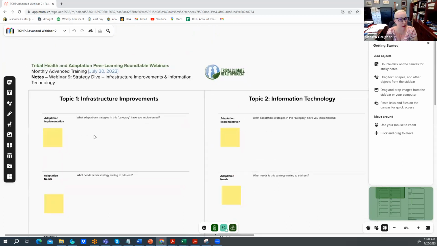If you just double click anywhere under either topic 1 or topic 2, it should pull up a little Post-it note for you that you can then drag open and type things into. You should show up as, I'm seeing here, a visiting seahorse and a visiting crab, visiting turtle, and a bumblebee, not a fruit fly.